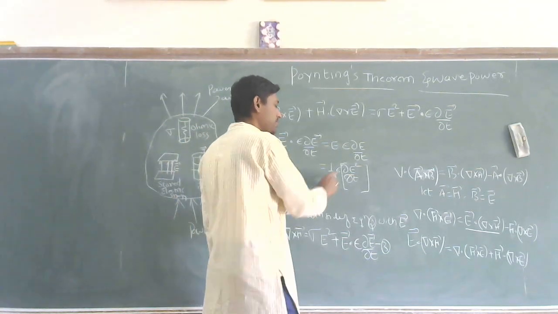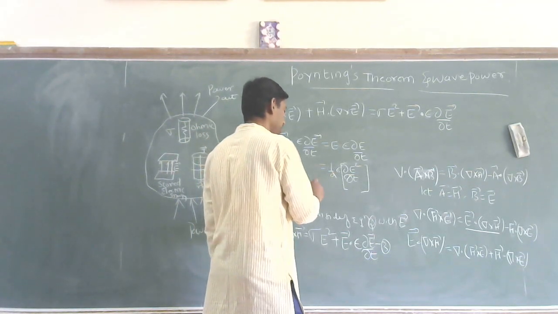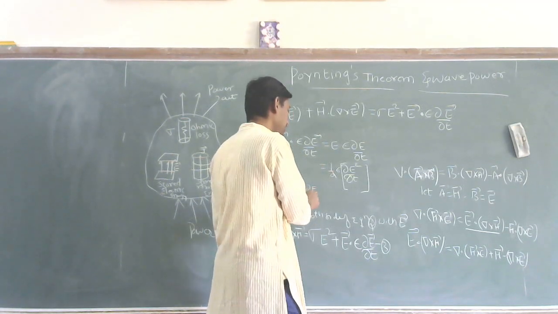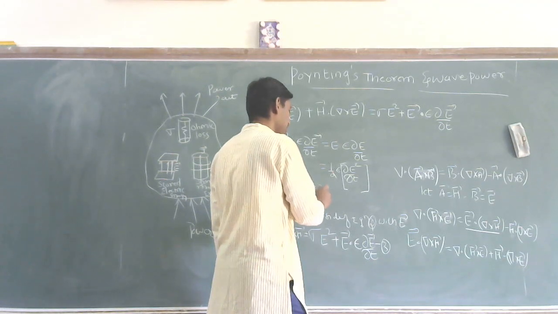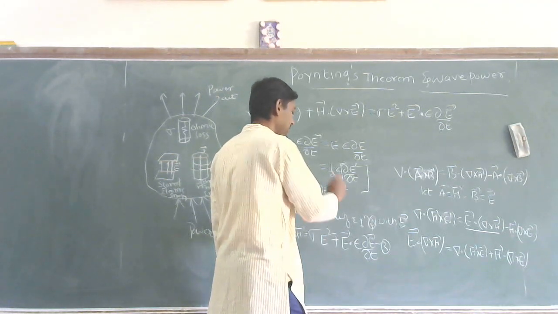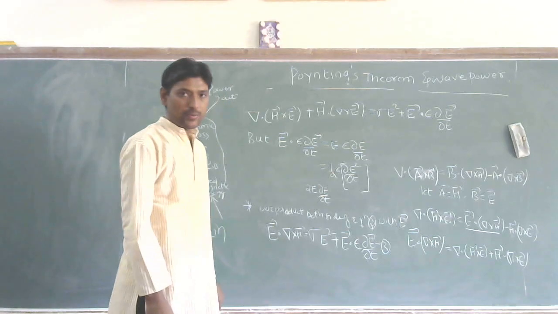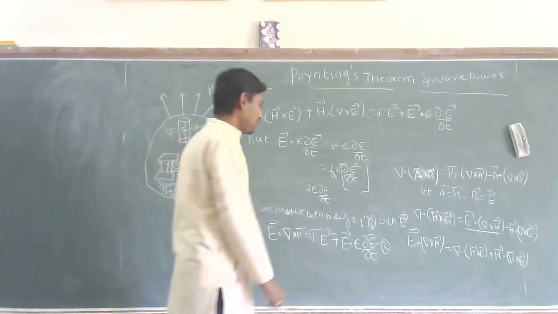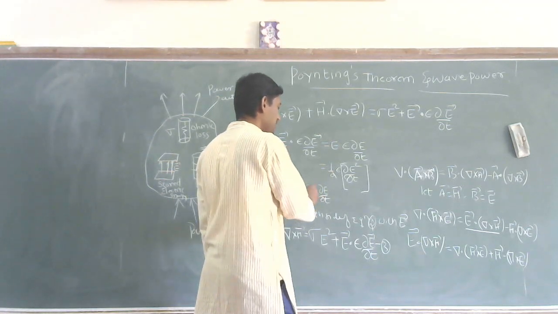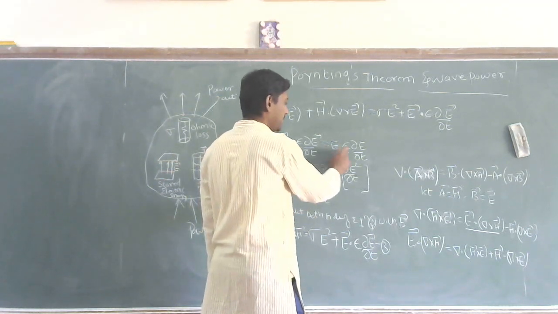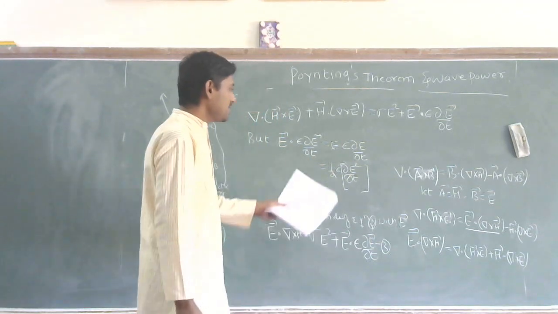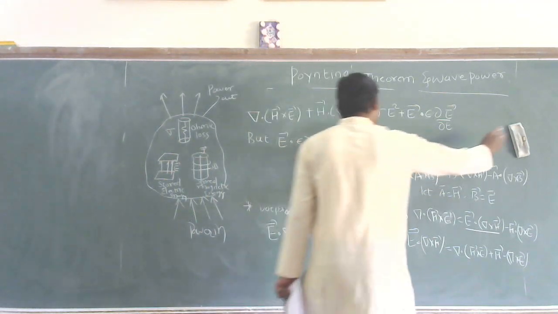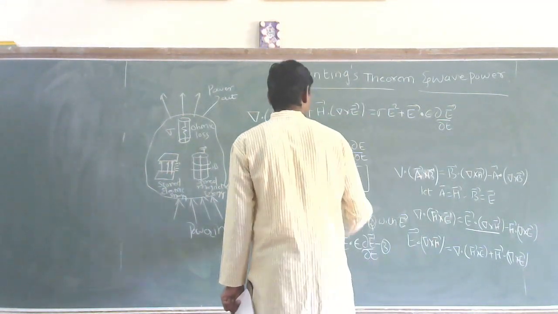So when you differentiate, you will write a 2E, and again you need to differentiate this back with respect to time, so dou E by dou t. The 2 and 2 get cancelled, and you get back the same thing. So which means this thing I can write like this.